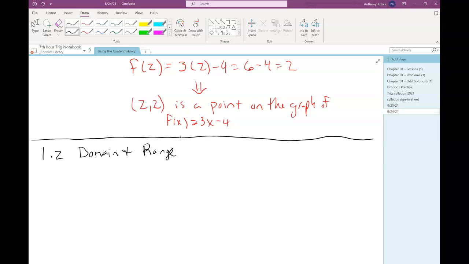When I say a set, we're just talking about a group of numbers where nothing in that group is repeated. So 1, 2, 3 is a set. Or everything between 1 and 2 is a set, like 1.1, 1.01, 1.001, etc., all the way to 2.